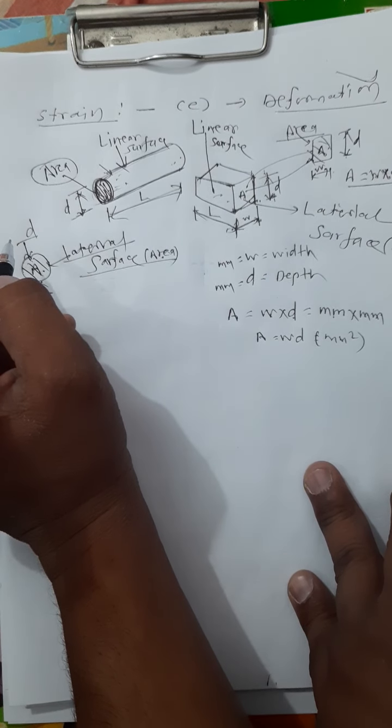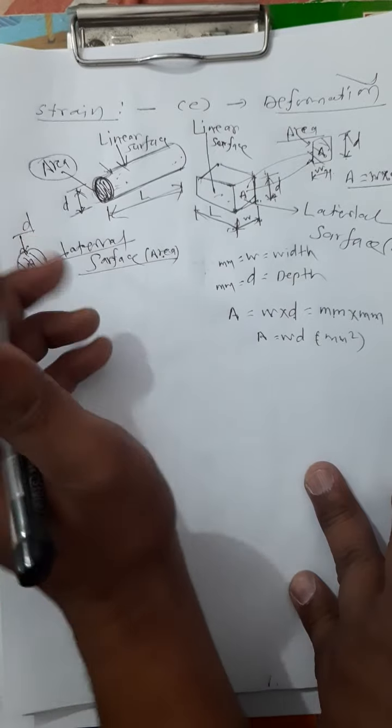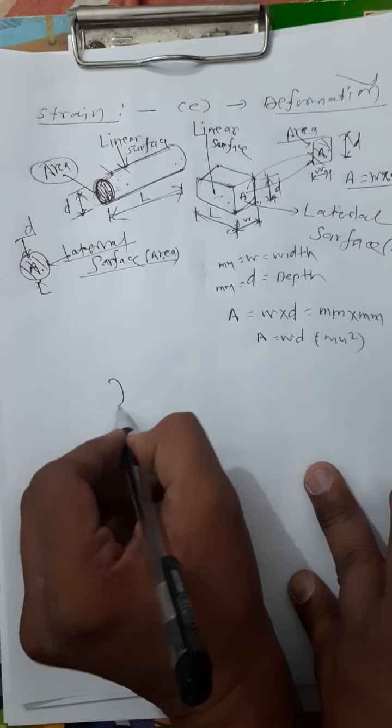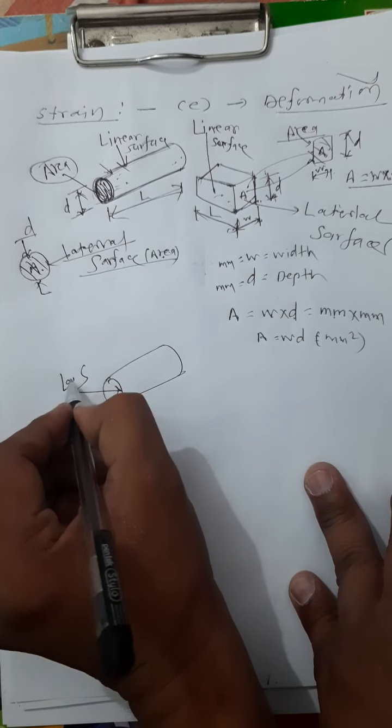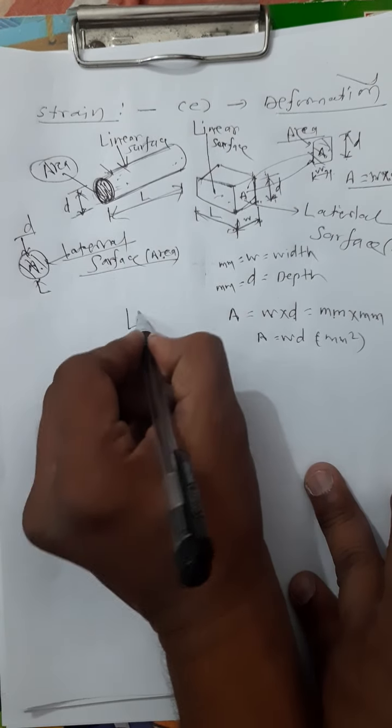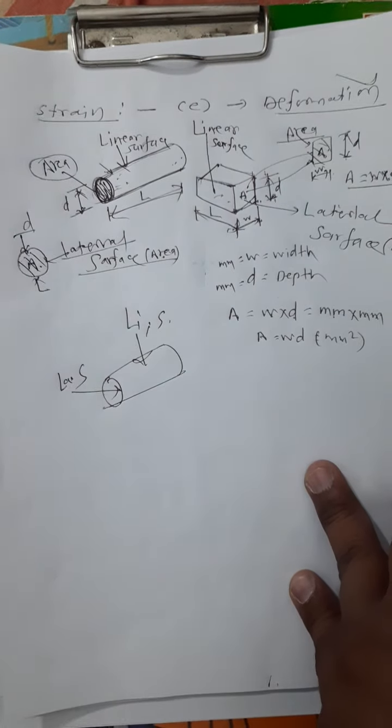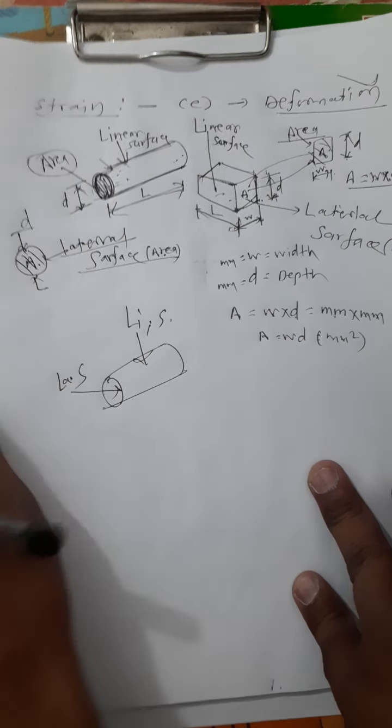Are you getting or not? So we have two surfaces in our component: this is the lateral surface, and this is the linear surface.